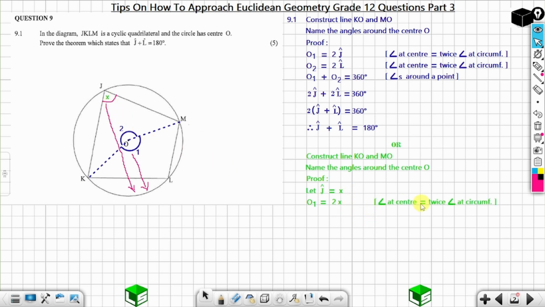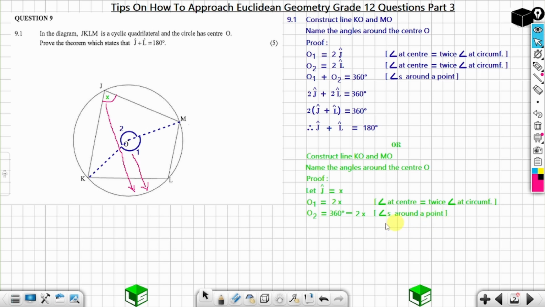The reason is angle at the center is twice the angle at the circumference. Now angle O2 is equal to 360 degrees minus angle O1, and O1 is equal to 2X. So the reason is angles around a point: the sum of angles around a point is equal to 360 degrees.